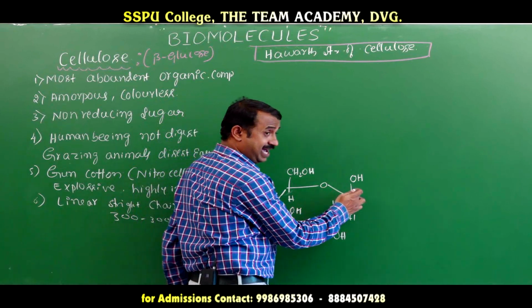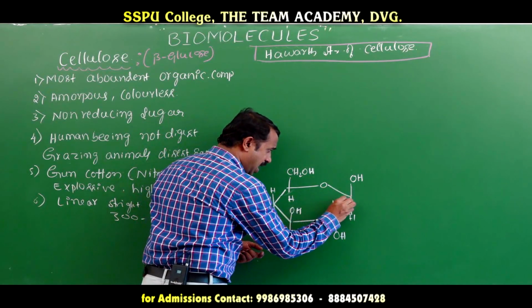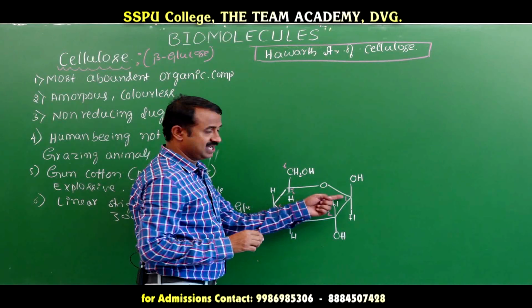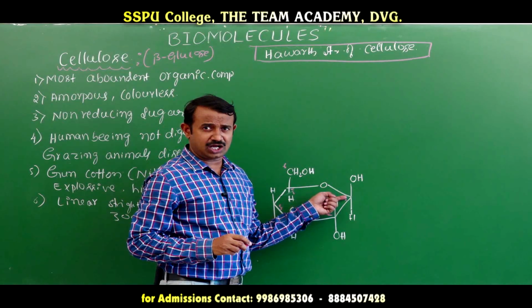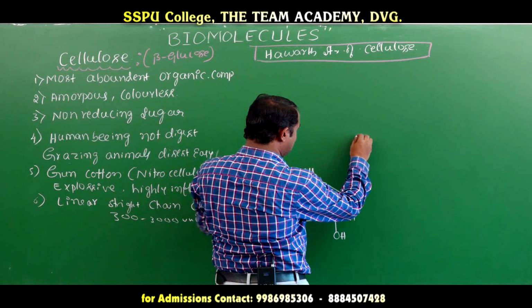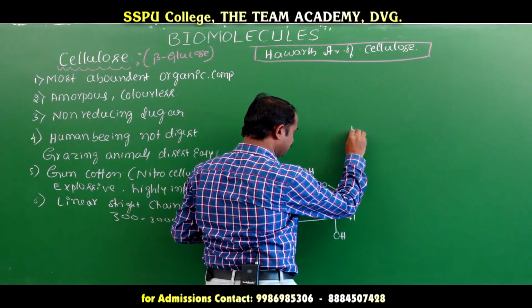Next, same here, C1 carbon, 1, 2, 3, 4, 5, 6. C1 carbon of beta glucose, and here the same, C4 carbon of another beta.